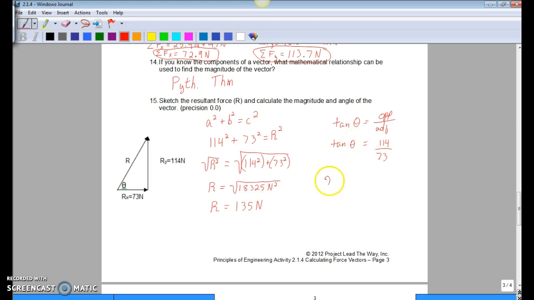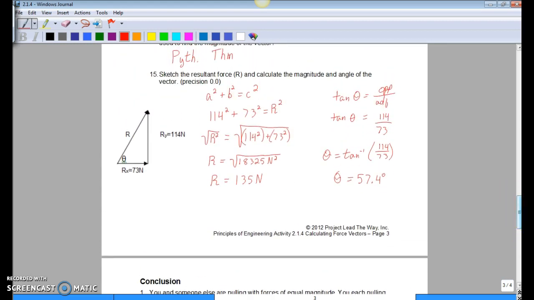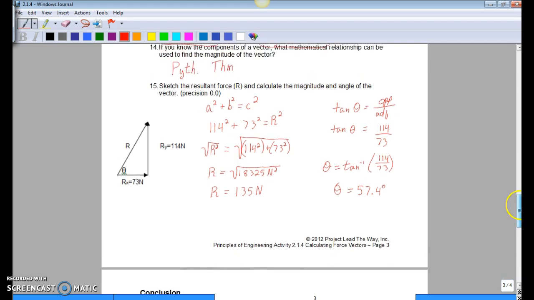In order to find theta, we do tangent inverse of this fraction, 114 over 73, and we find theta to be 57.4 degrees. From there, that's all it asked for, was calculate the magnitude, done, 135 newtons, and the angle of the vector to the nearest tenth. So, yeah, 57.4 degrees. So we're done with 1 through 15.